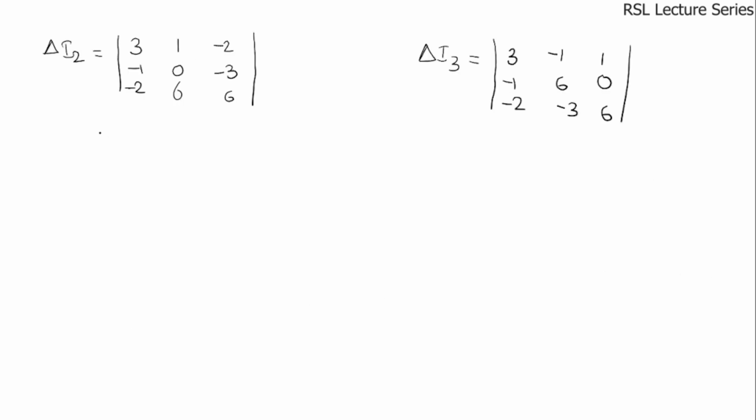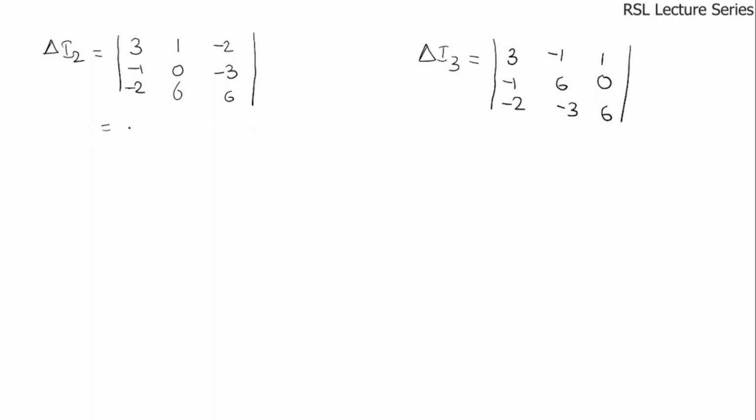Next we have to find out I2 and I3 values. For that we have to find out delta I2 and delta I3. For finding out delta I2, we replace the second column with the right hand side matrix. For delta I3, we replace the third column with the right hand side matrix. The rest of the procedure will be the same.